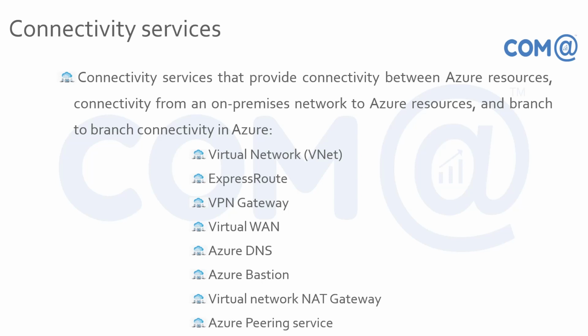So the services used for connectivity are VNet, ExpressRoute, VPN Gateway, Virtual WAN, Azure DNS, Azure Bastion, Virtual Network NAT Gateway, and Azure Peering service. In the previous video, we discussed enough about the virtual network, and we also saw the practical demonstration of how to create a virtual network. The remaining services we will discuss now.